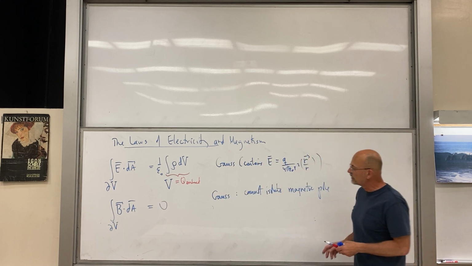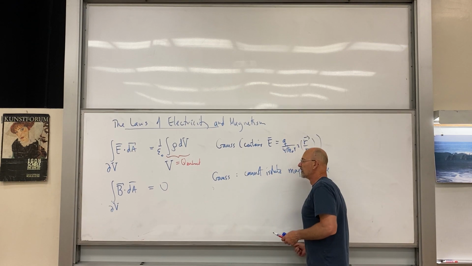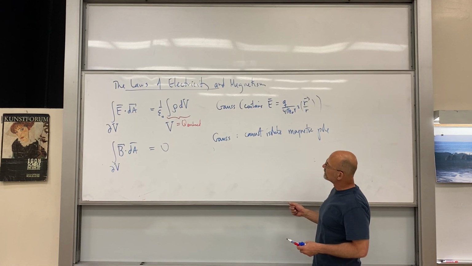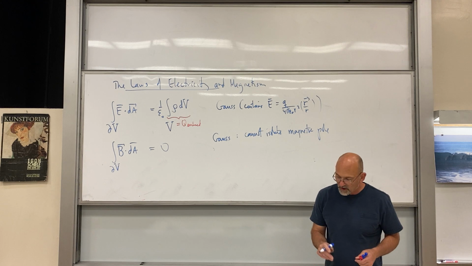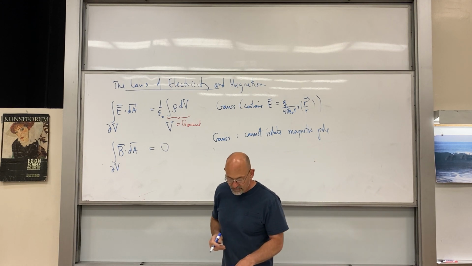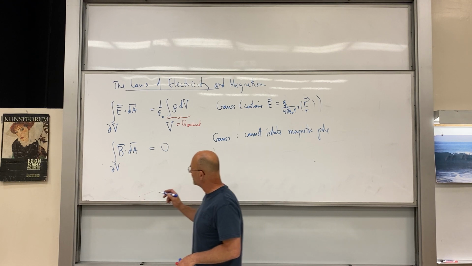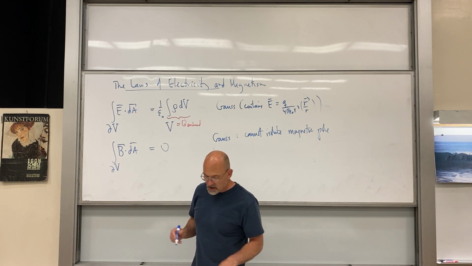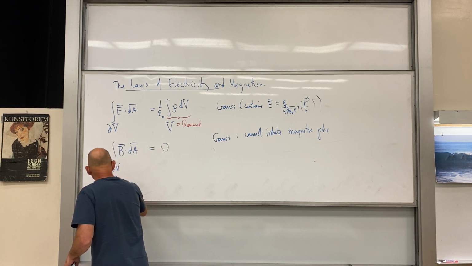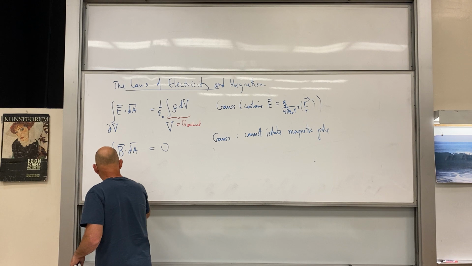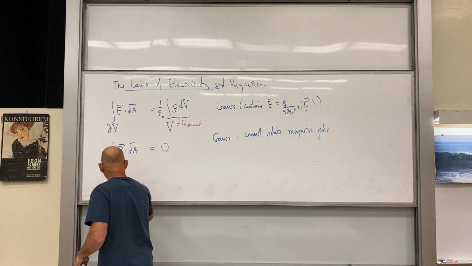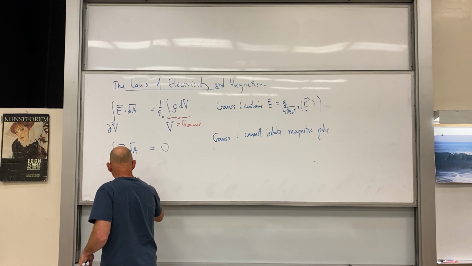Okay. Then we have, maybe I shouldn't write so big. So what's our third one? We're going to write Faraday's law. Yeah, we'll put it right here. So Faraday's law, this is the integral of E dot ds.